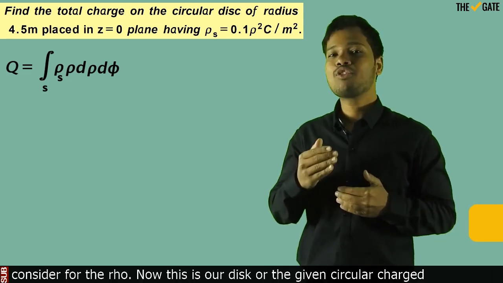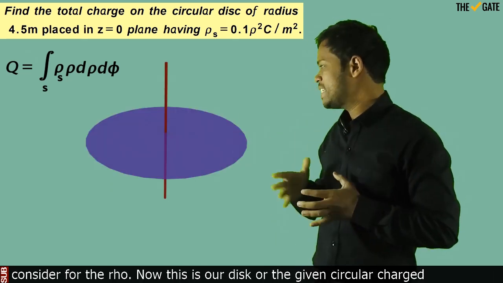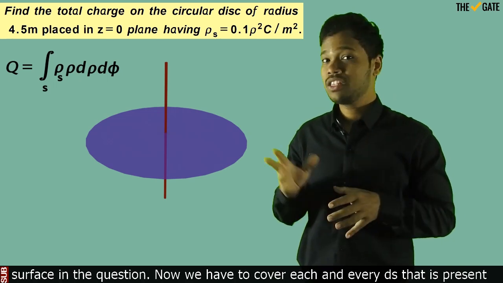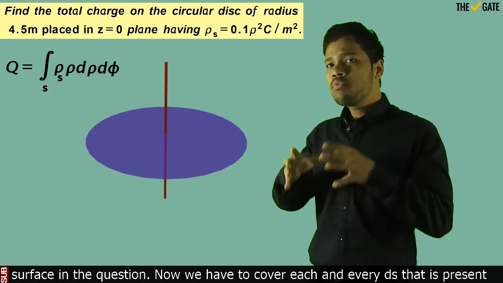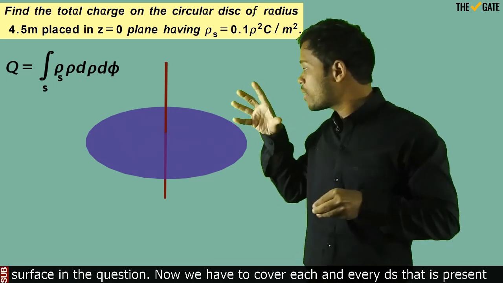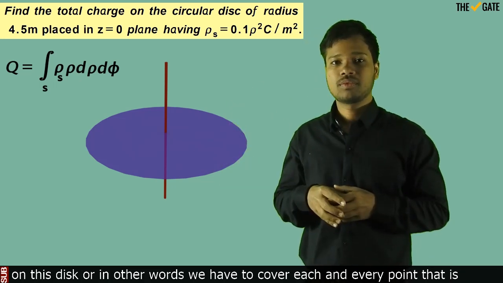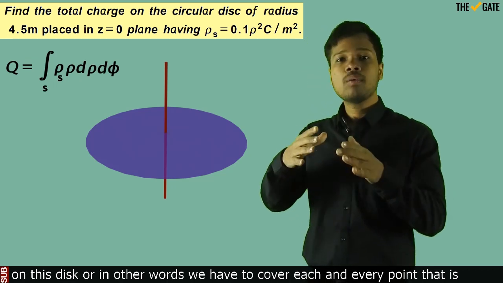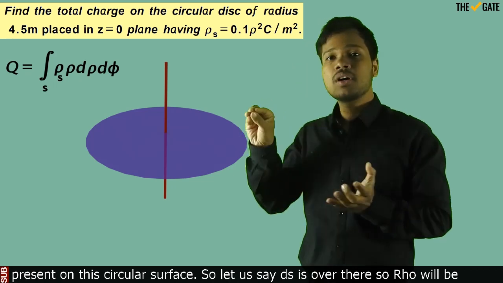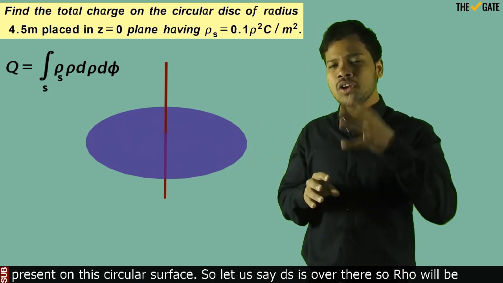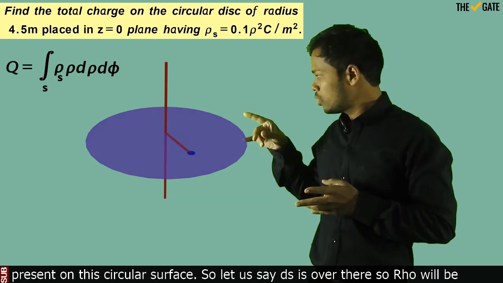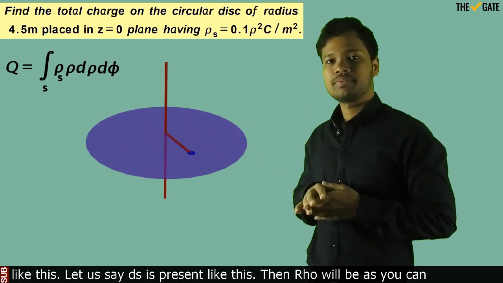Now let us consider rho. Now this is our disk or the given circular charge surface in the question. Now we have to cover each and every ds that is present on this disk, or in other words, we have to cover each and every point that is present on this circular surface. So let us say ds is over there, so rho will be like this.